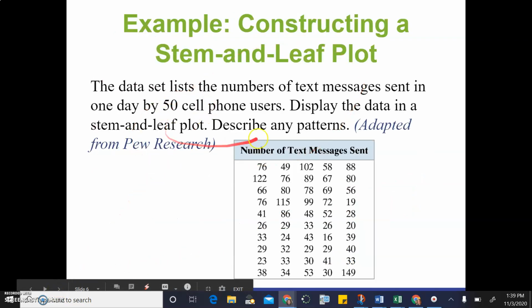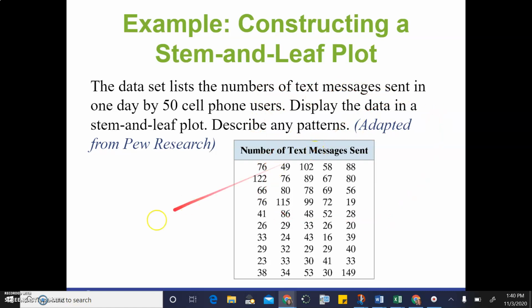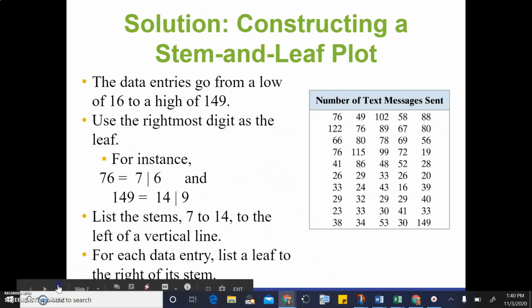And if we're going to go through their example here, they have asked 50 people how many text messages they sent in a day, and these were the 50 people's answers. And so they went through and said, okay, the lowest on here was 16. So I don't even see that on here.